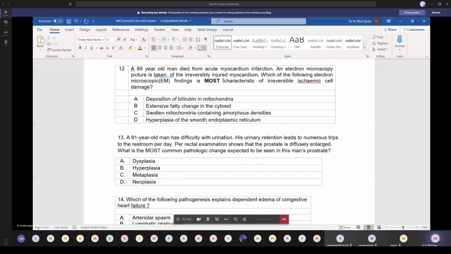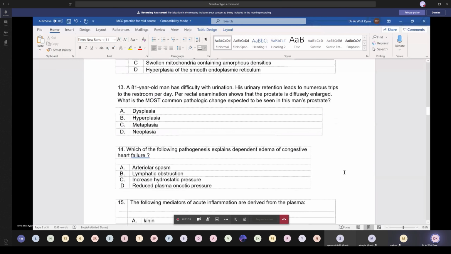So, Melissa, what is your answer? Shan, what is your answer? For question 12 is C. Question 13 also C. Quite easy. Doctor, just now I answered already, but you didn't hear.